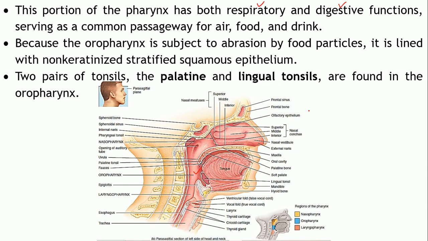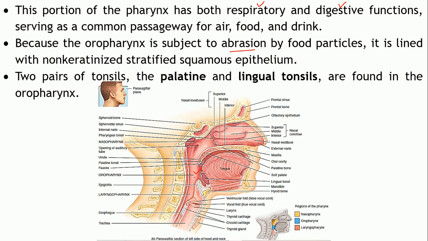Okay, now this particular portion, it is subjected to the abrasion. So now as you can see that the food from the mouth, it will enter into the esophagus through this particular portion, right? So the mucous membrane which is lining this particular portion of the pharynx, so it will be subjected to abrasions by the food particles, because the food particles are still large enough, right?